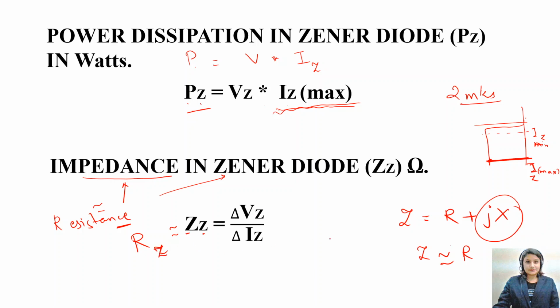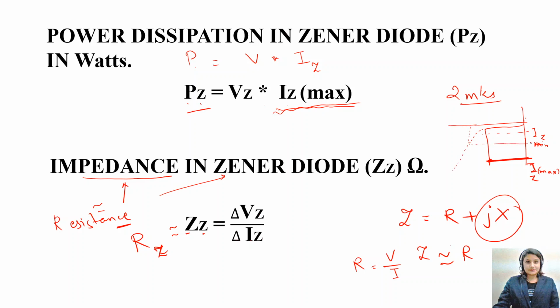What is the formula for resistance? R is equal to V by I. So the impedance here will be delta VZ, the change in VZ, divided by delta IZ, the change in IZ. When is the Zener current going to change? When there is an avalanche breakdown.